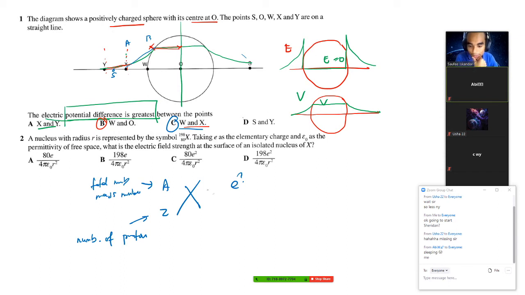So you have 198 minus 80. So it will be 198 minus 80. Any more numbers you have to subtract?